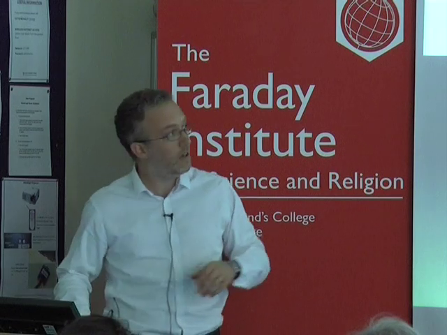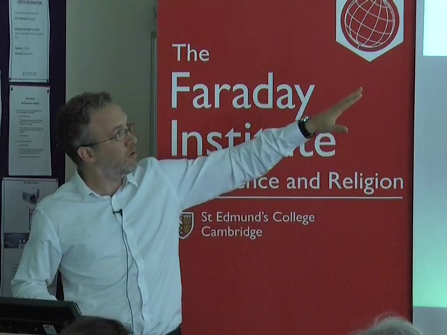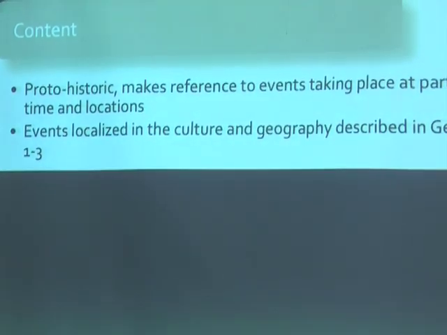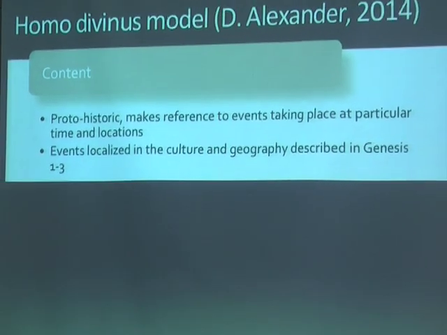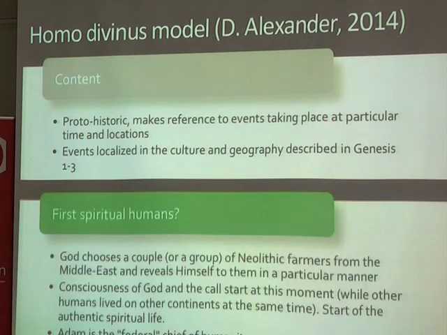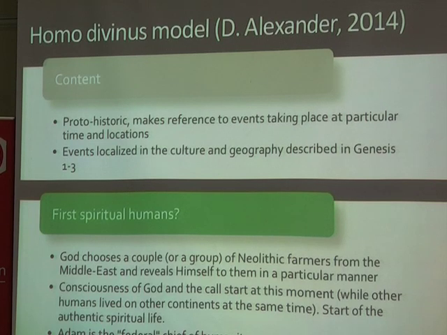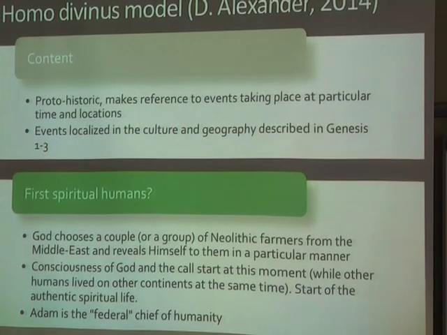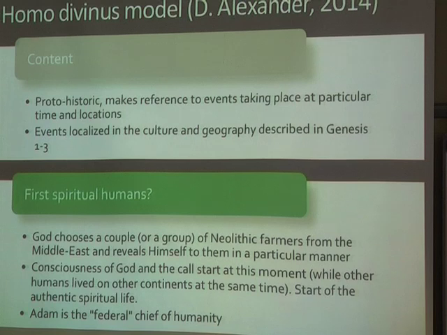In this model, the content is a proto-historic model. It makes reference to events that took place at particular times and locations, events localized in the culture and geography described in Genesis. What about the first spiritual humans? Well, in that model, God at one stage chose a couple or a group of Neolithic farmers.